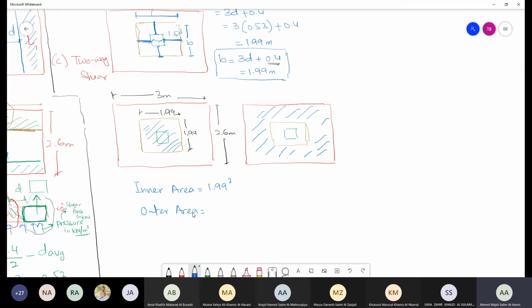My outer area will be total area minus inner area. So that is going to be 3 multiplied by 2.6 minus 1.99 square. Can you give me this value, please?